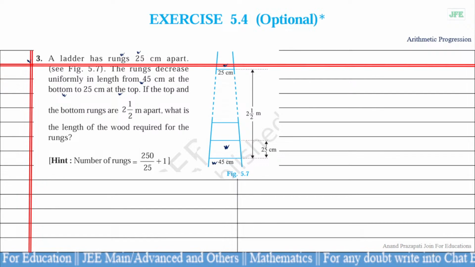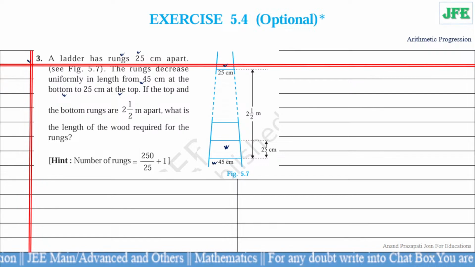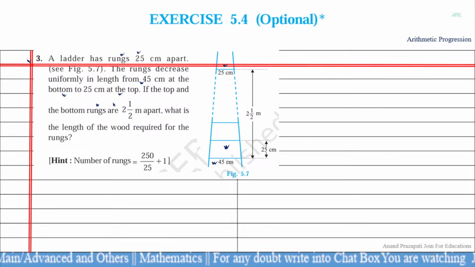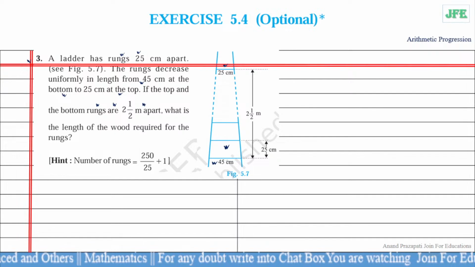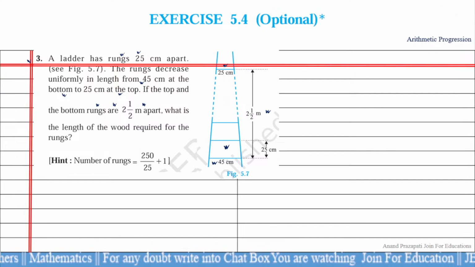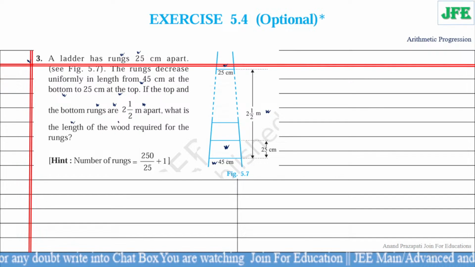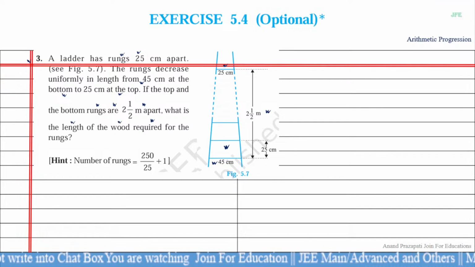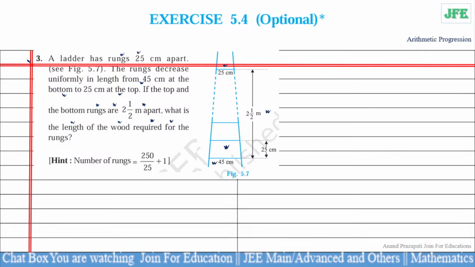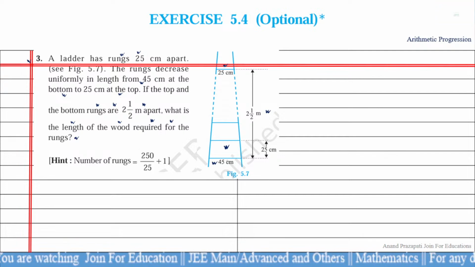If the top and the bottom rungs are 2.5 meter apart, what is the length of the wood required for the rungs?